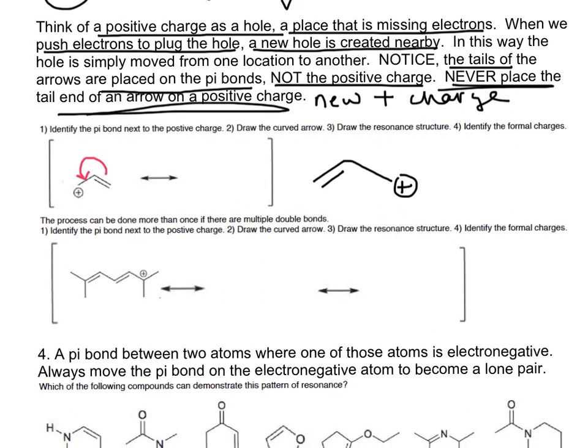If we go to the next example, first I move the pi bond as indicated. And I make a new positive charge.